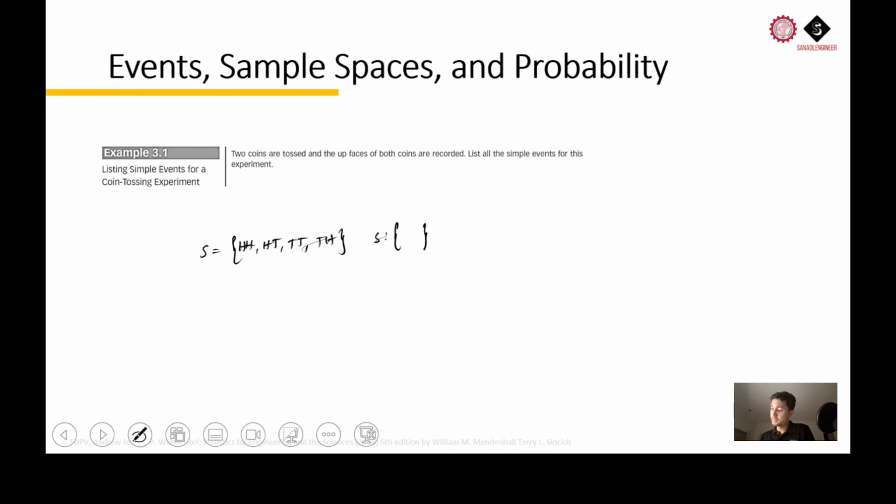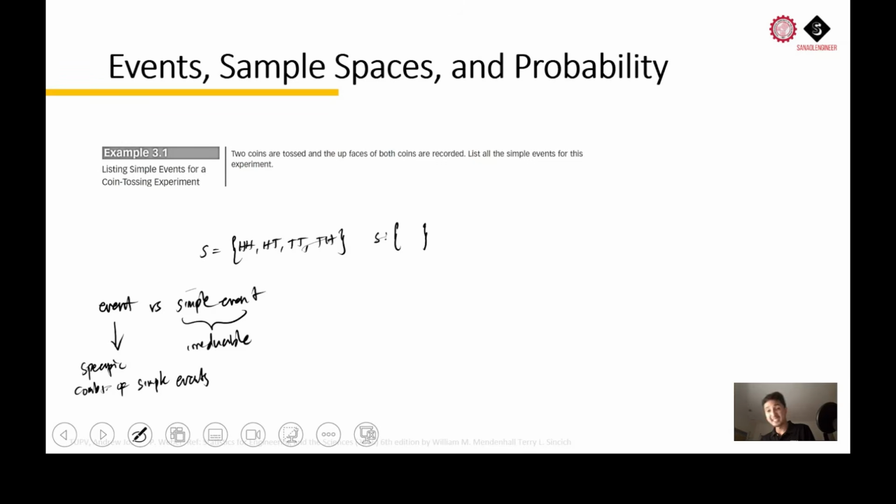Okay? So the difference between the event versus simple event: a simple event is irreducible, and an event is a specific combination of simple events.